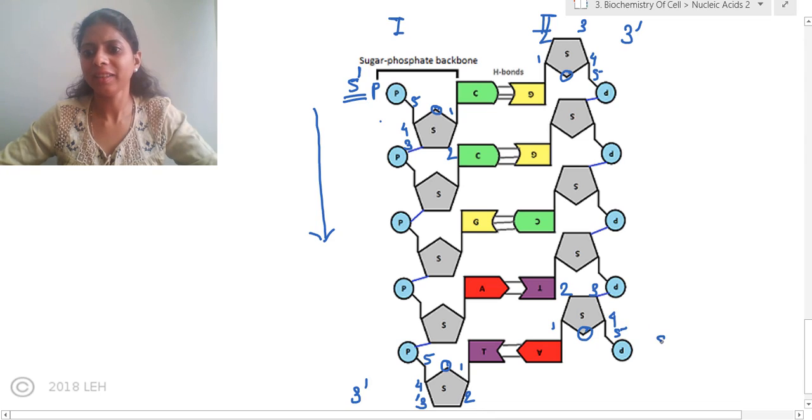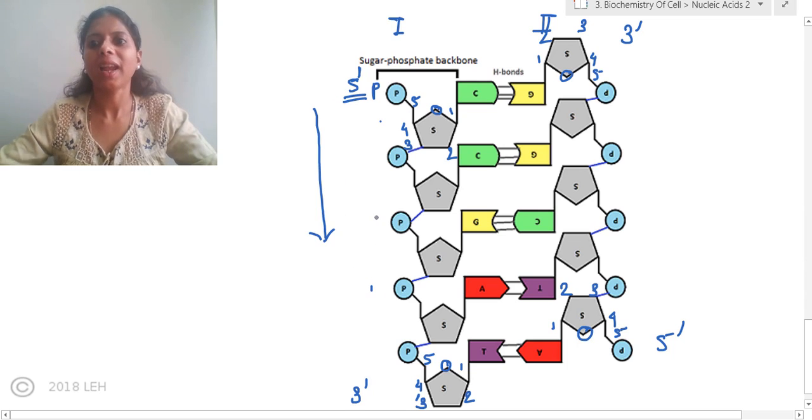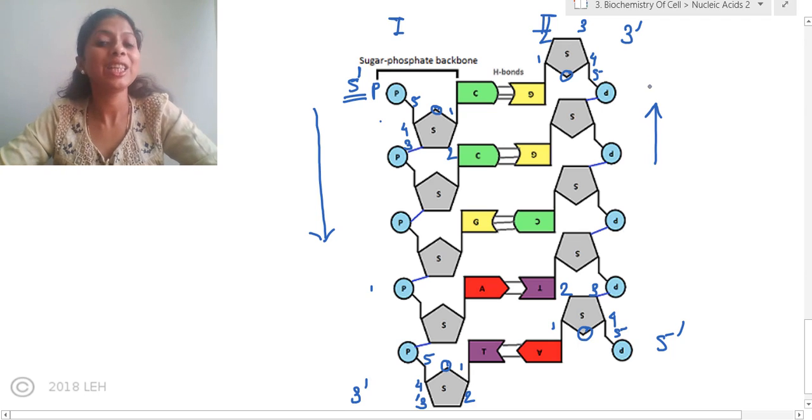So it is ending at the 5'. Never say 3 dash 5 dash, it is a wrong method. It is said as 3', 5'. So in every DNA, one strand runs from the 5' end to the 3' end and the other runs from 3' to 5' in this direction. The significance of it will come when the DNA is formed.